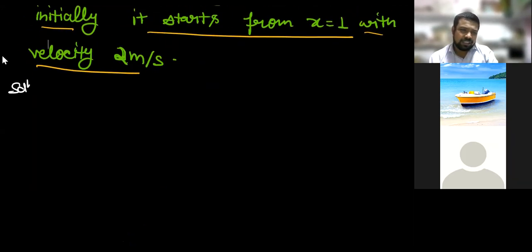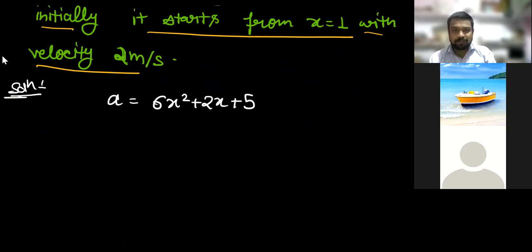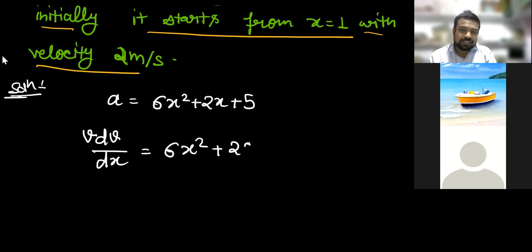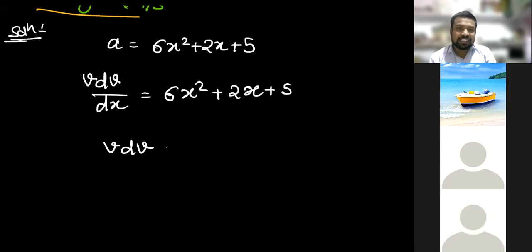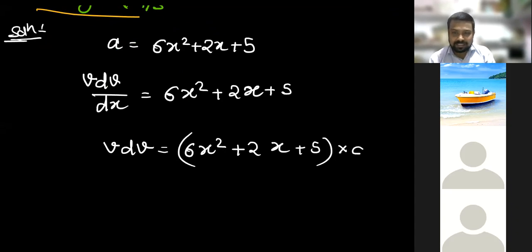Here the acceleration is 6x square plus 2x plus 5, a function of position, so we use v dv over dx is equal to 6x square plus 2x plus 5. Clear? Taking integration on both sides, v dv is equal to 6x square plus 2x plus 5 into dx.